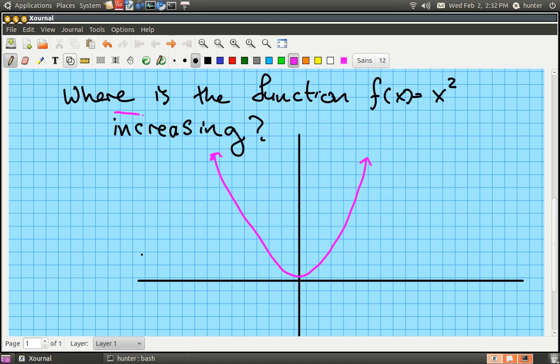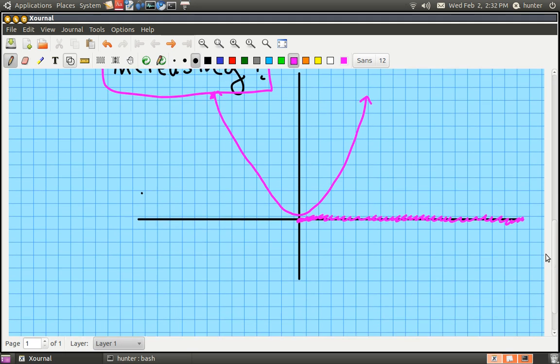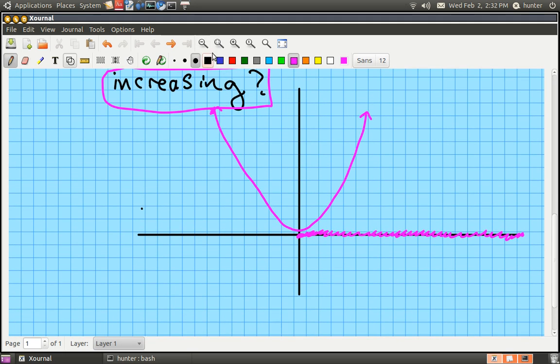Okay, so let's look, where is that function increasing? That's just where it's going up. So it's going up everywhere to the right of the origin, right? So all I have to do to answer the question is to express this part of the x-axis to the right of the origin as an interval. So here's the answer.